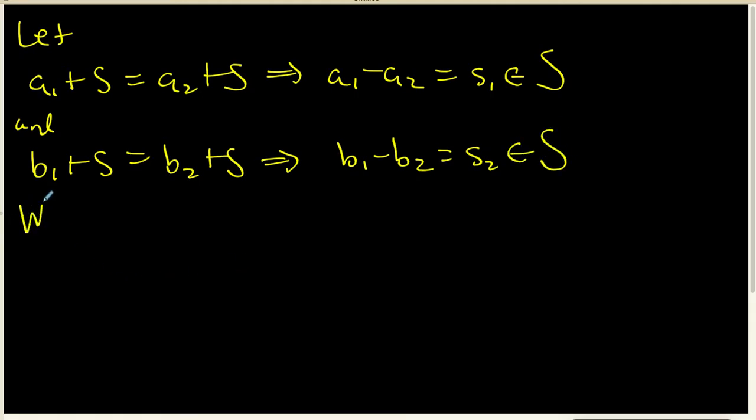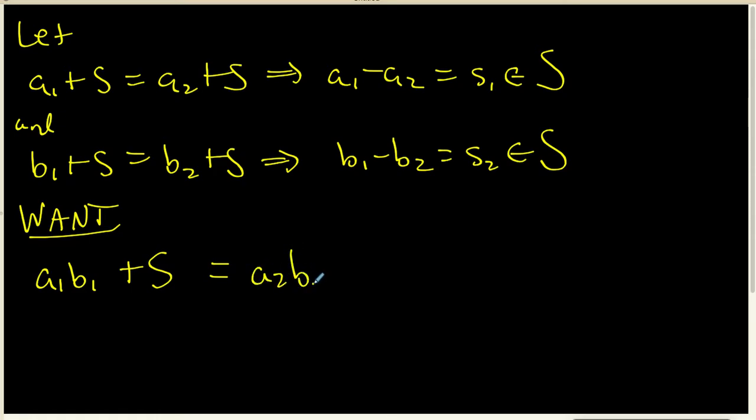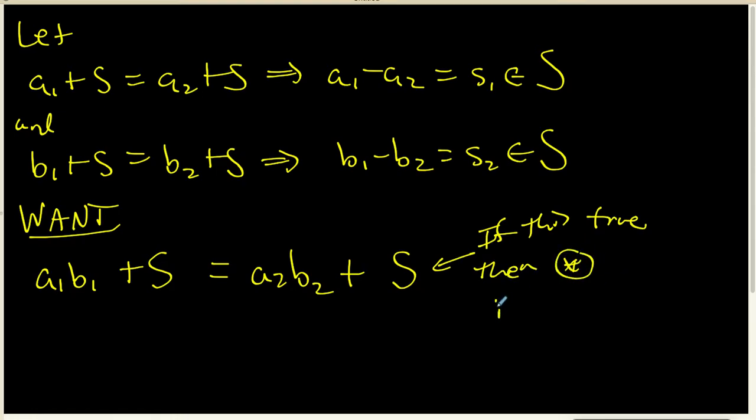Now, what we want is to ensure that A1 times B1 plus S is the same left coset as A2 B2 plus S. If we can get this ensured, then we will have that coset multiplication is well defined.